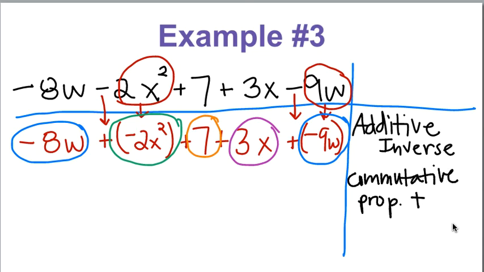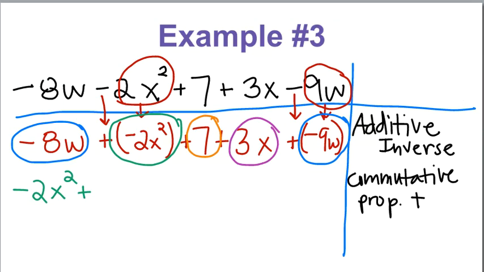Property of addition. Now remember, when we commute, we want everything in alphabetical and exponent order. So because I have an exponent of 2, that gets to go first. So negative 2x squared comes first. Now I don't have anything else with an exponent other than 1. So now I have my w's and my x's.